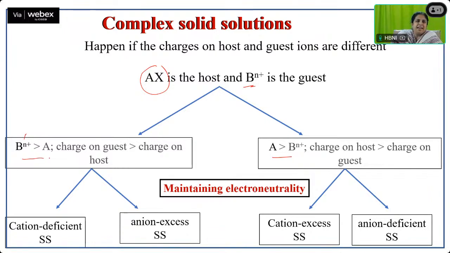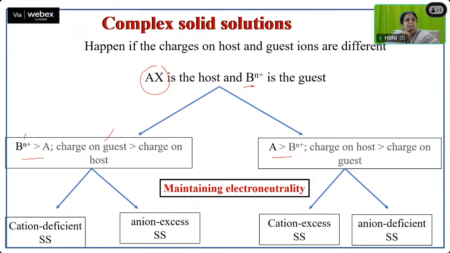Now, when the charge on the guest is greater than the host, you are actually increasing the positive charge in the material. Now you have to make it neutral, right?